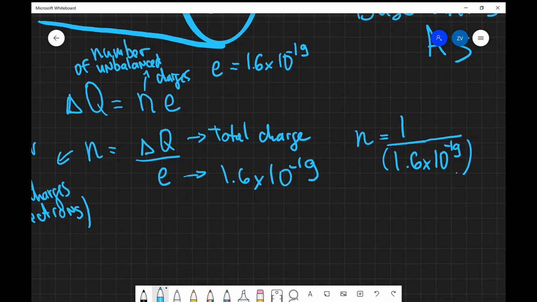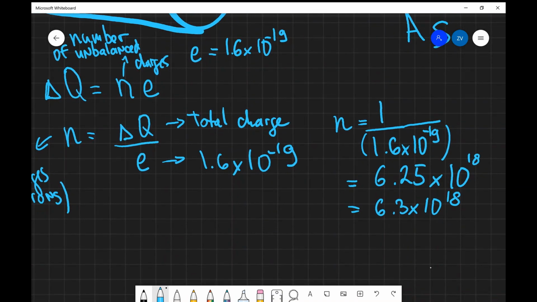It has to be down there. So 1 over that number will actually give us quite a high number, which is 6.25 times 10 to the power of 18, and because I'm just using two significant figures, I'm going to say that this is equal to 6.3 times 10 to the power of 18. There are no units in this case, this is just the number of electrons.